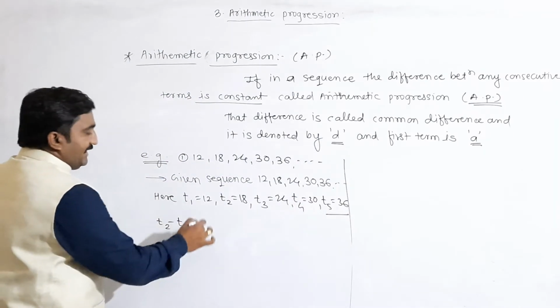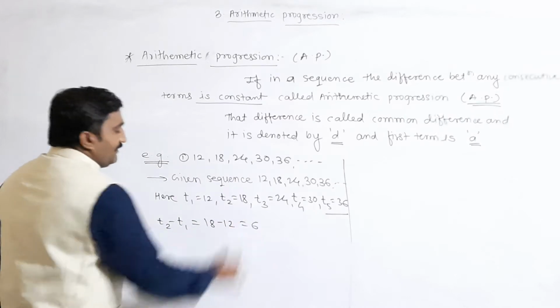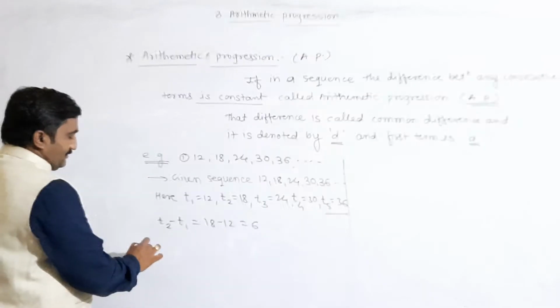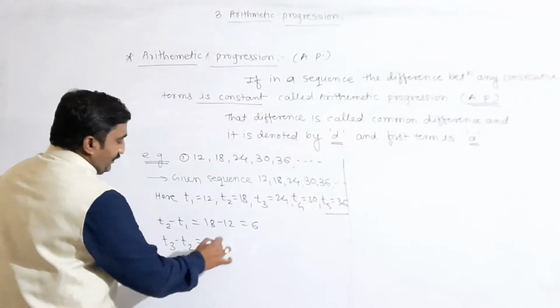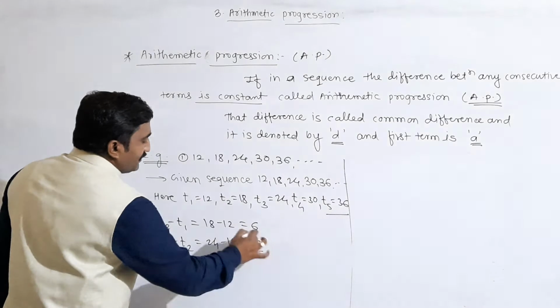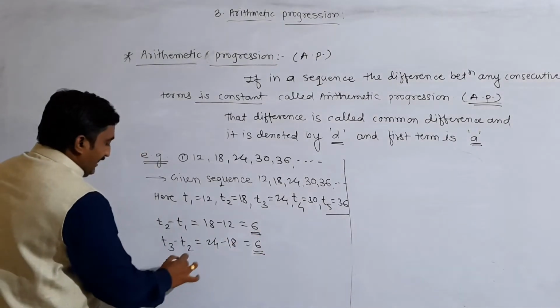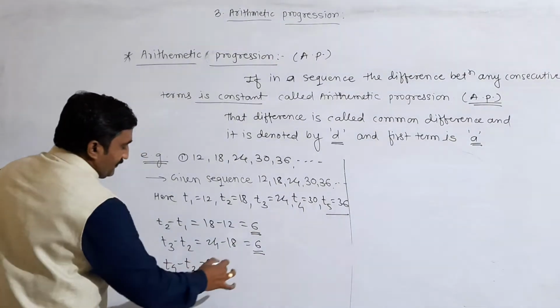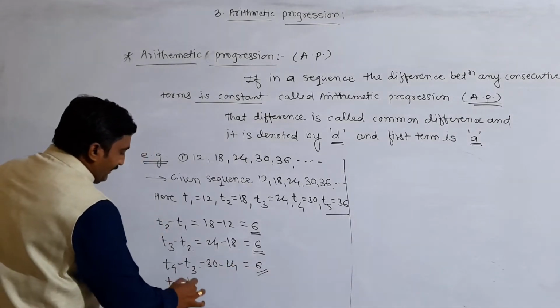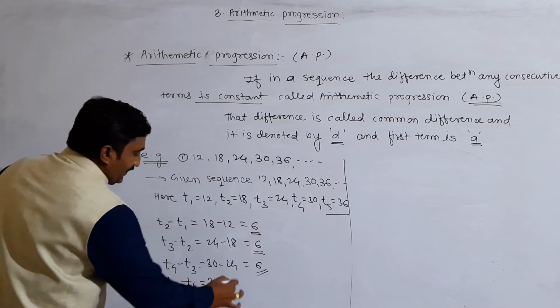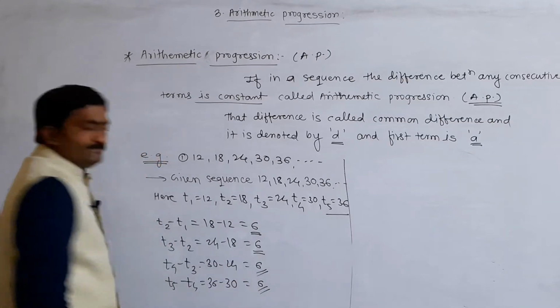T2 minus T1 is equal to 18 minus 12 is equal to 6. Then T3 minus T2, 24 minus 18 is equal to 6. Then T4 minus T3, 30 minus 24 is 6. Then T5 minus T4, 36 minus 30 is equal to 6.